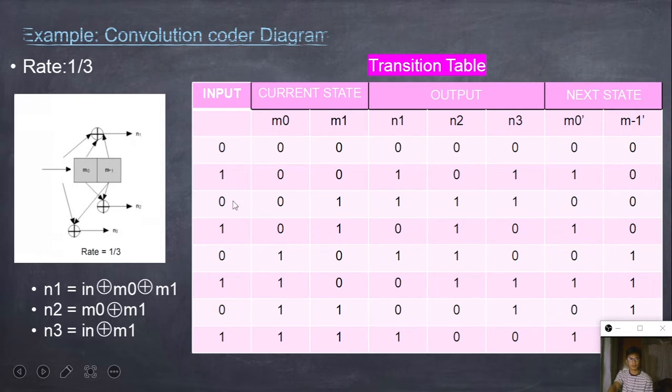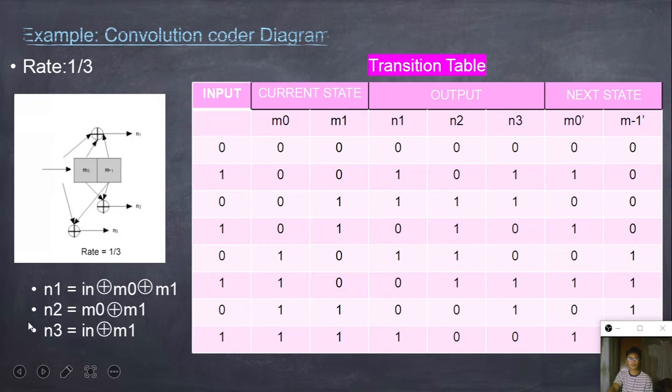Next, if the input is 0 and M0 is 0 and M1 is 1, the output of N1 is 1. So input 0 XOR M0 0 XOR M1 1, the output of N1 is 1, which is shown here.